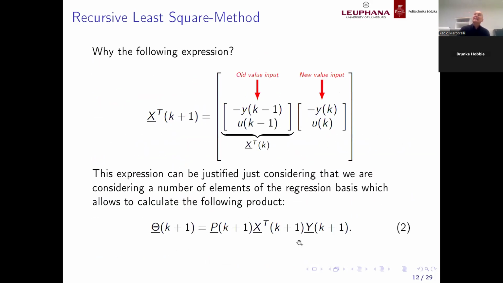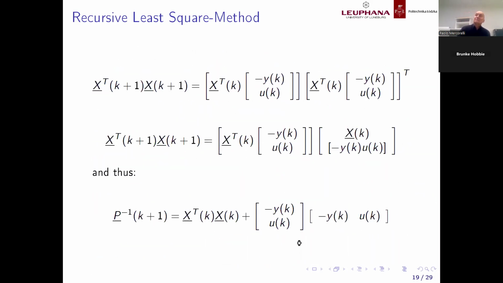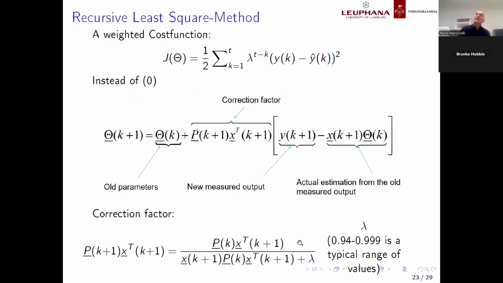Here, the idea is, if I want, for instance, to consider what happened yesterday more important with respect to what happened before yesterday, this is a little bit of an impossible idea to consider in a cost function, unless we have a factor which decreases over time.